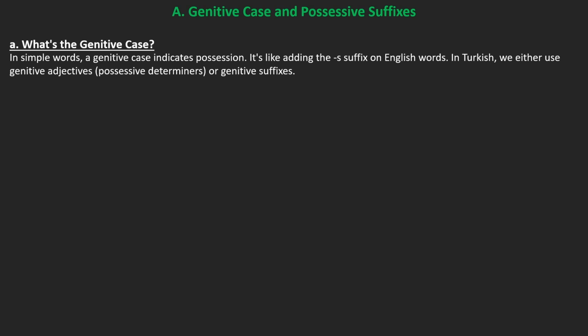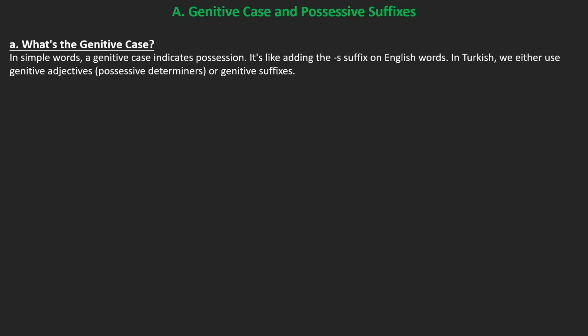I'm not the owner of the school, but it is just the school that I go to. And when you add this s suffix on English words like the school's garden, the child's name, when you make a possession, we use the same method, but we use different suffixes.